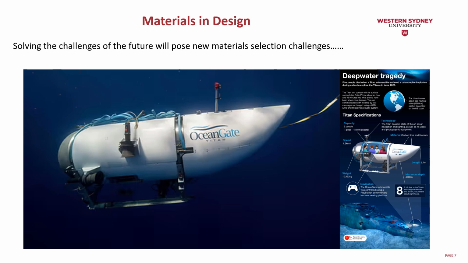The submersible in this diagram was made of two different materials, titanium on one side and carbon fiber on the other side. That was actually one of the reasons that caused a tragedy a few years back, when it collapsed under the water and caused the sudden, sad death of the people inside.